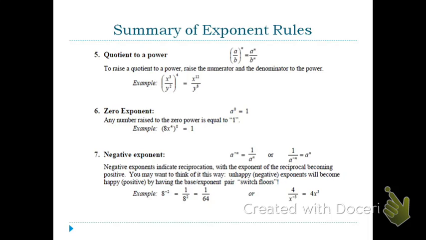The 5th rule is quotient to a power. So this is when you have a fraction inside of parentheses to a power. In this case, you will need to take the outer power and multiply it to the power of every term, whether it's on the numerator or the denominator, inside of the parentheses.